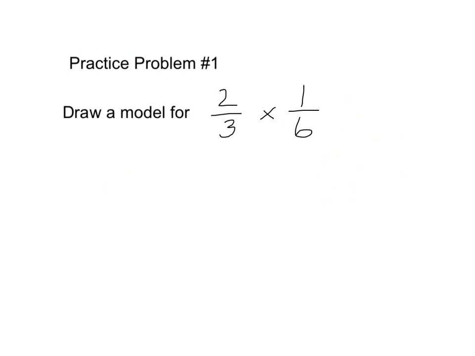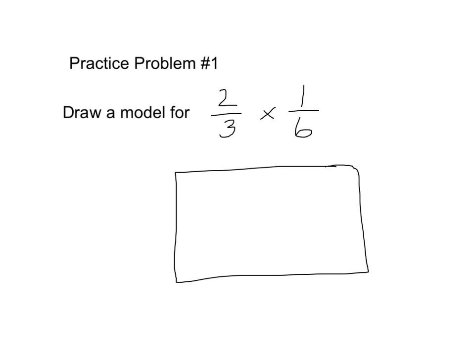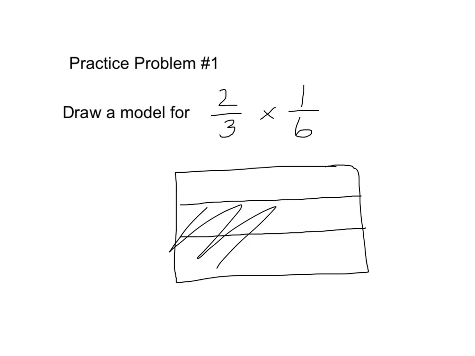Practice problem number 1. Draw a model for 2/3 times 1/6. Feel free to pause. This is actually a pretty difficult problem. Here is how I would start going about to solve this. Once again, I always enjoy personally shading before I do dots. So I'm going to draw out 2/3, and I'm going to shade 2 of those thirds.